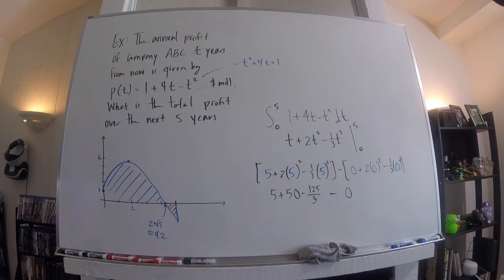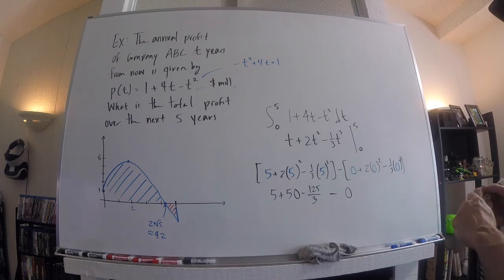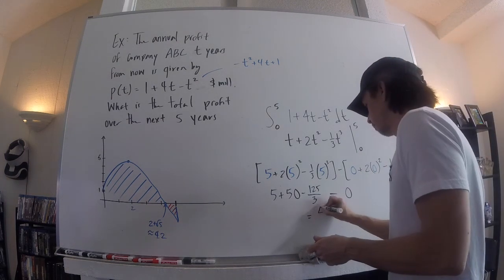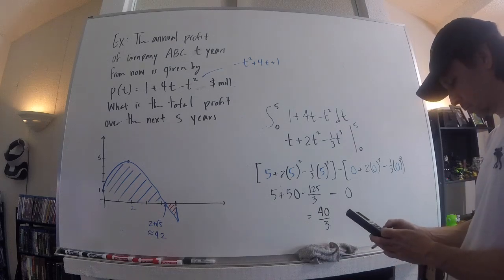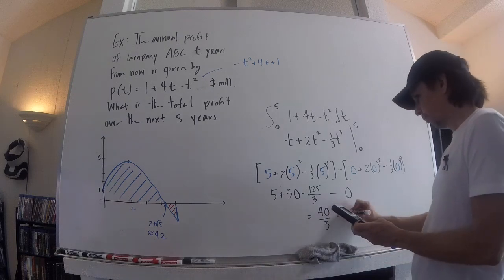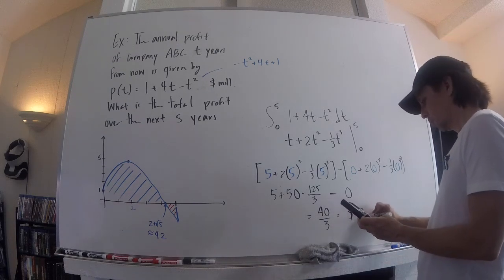I got 40 over 3. 40 over 3. What is that equal to? 13.3 million.